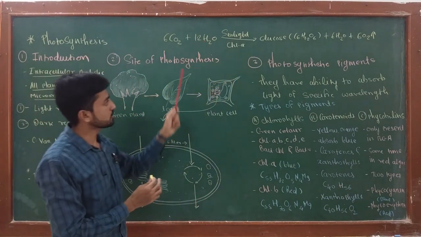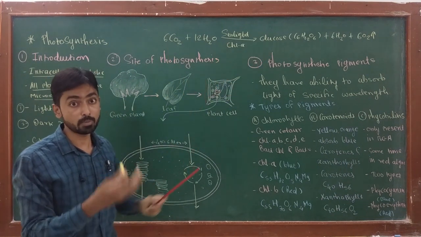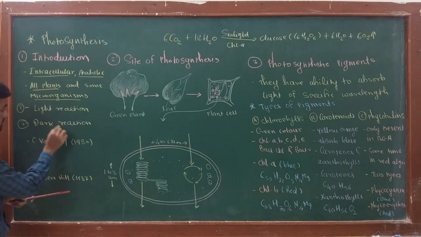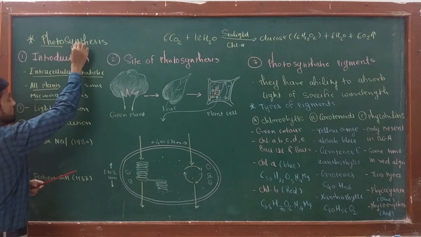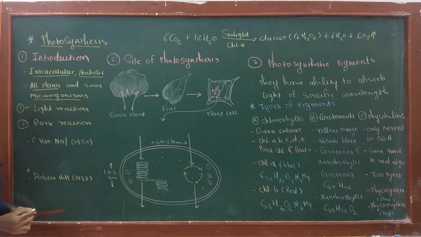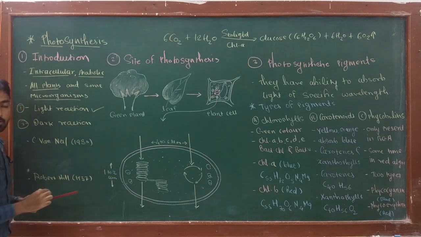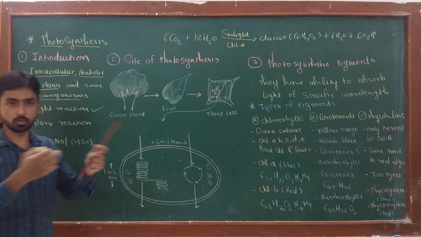Okay, so the reaction of photosynthesis is not as simple as this equation. Actually it is a complex reaction divided into two stages. If you want to remember these two stages, then just split the word photosynthesis into two different parts. First is the photo part, which is nothing but the light reaction. Okay, and second is the synthesis part. Synthesis means putting together.